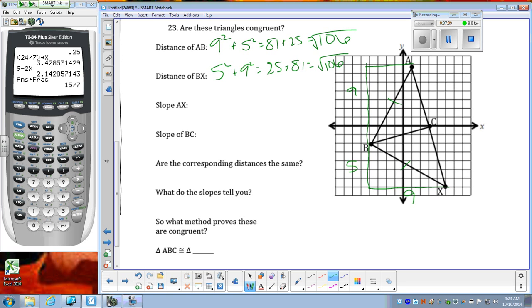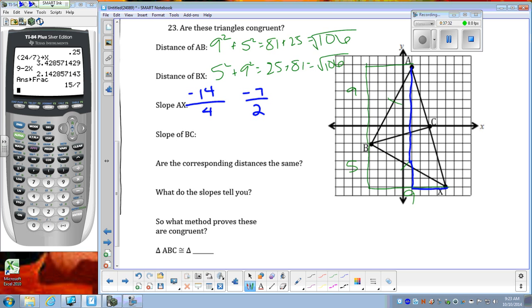Now it's asking me for the slope of AX. Let's see. From A to X, I went down 3, 4, 5, 6, 7, 8, 9, 10, 11, 14. Went down 14, and then over 4. So that simplifies to -7 over 2.